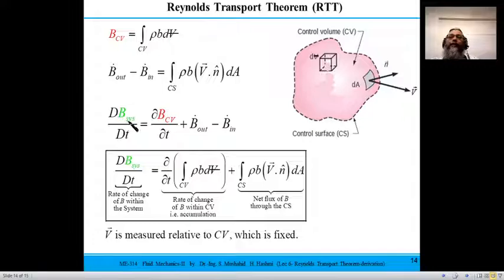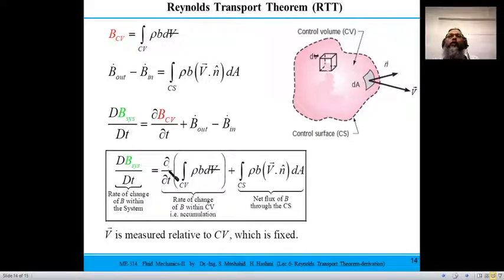Mathematically, we can write this by bringing the right hand side, because the rate of change of this B control volume equals this term, plus B out minus B in, which is represented by this area integral. So the rate of change of extensive quantity within the system represents what change takes place within the volume.